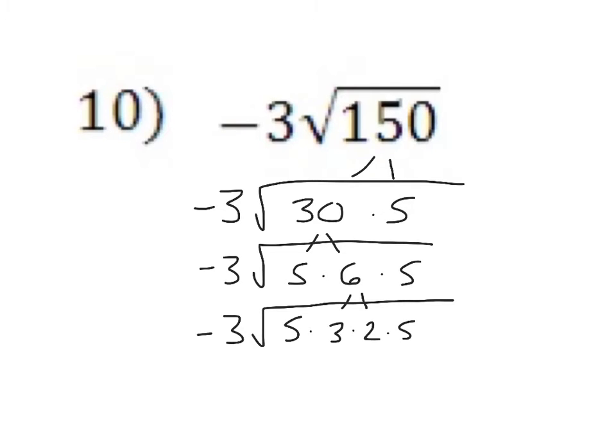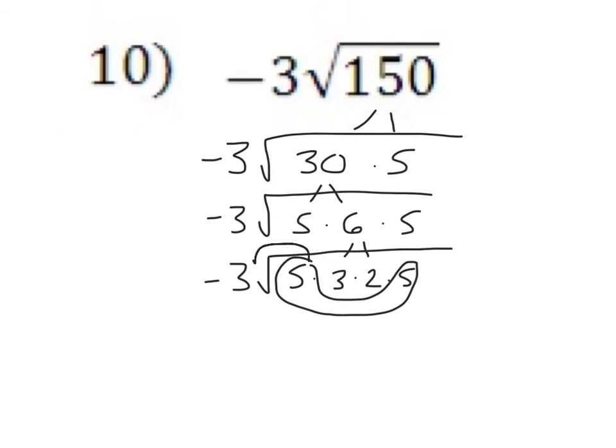So do we have any pairs in here? We have a pair of 5's that we can take out and put in the front. So we have negative 3 times 5 in the front. And under the square root, what do we have? 3 times 2. Do you have to break down 6? If you know that it's not going to break down into anything, you don't. But if we had a 2 in here, we would need to break it down to know that the 2 and the 6 pair up with the other 2.